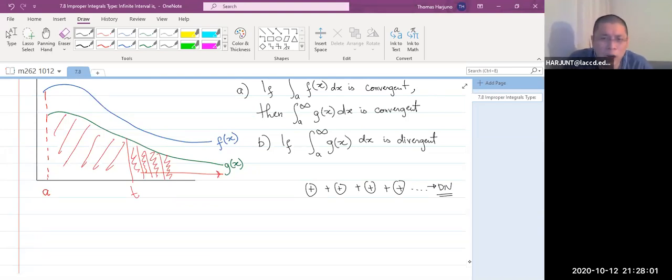No way. You are adding positive numbers. Cannot be negative. Right? Can that be does not exist? No, it won't. Does not exist if it oscillates. But you have oscillation if you have plus minus like that. Okay?